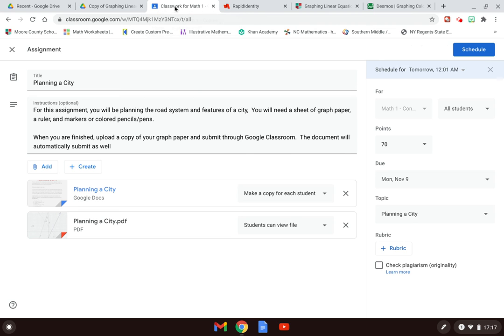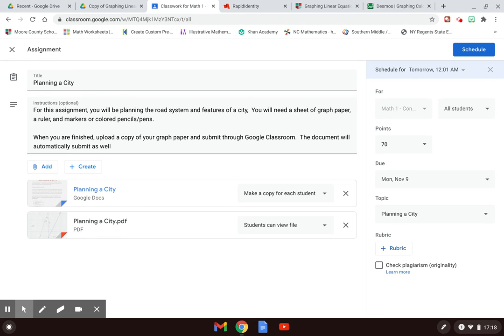And over here in the Google Classroom, this is what you're going to work on today, if you like, definitely on Friday, and this will be due on Monday. This is called the Planning a City project. What it says here is, for this assignment, you will be planning the road system and features of a city.